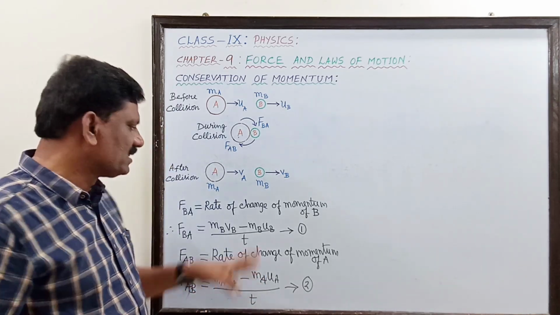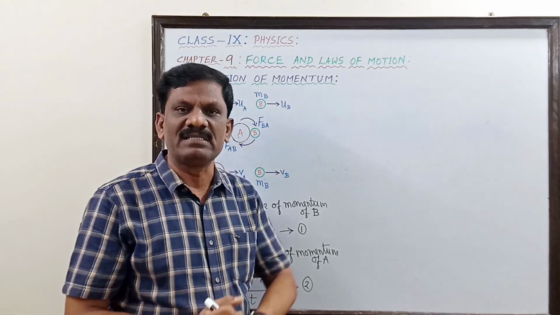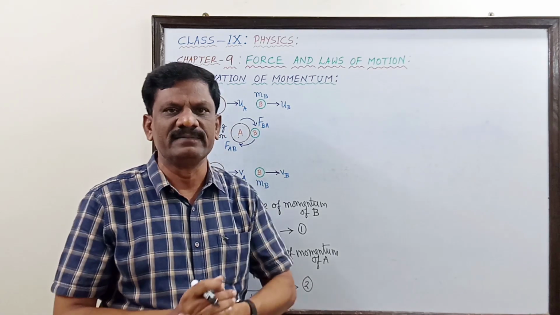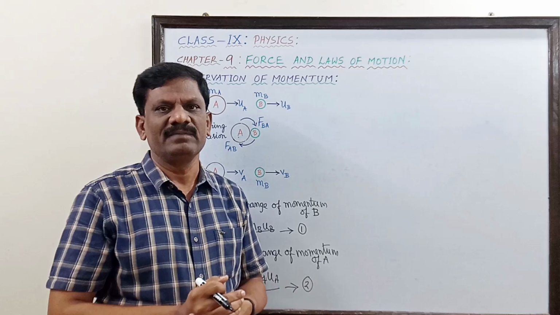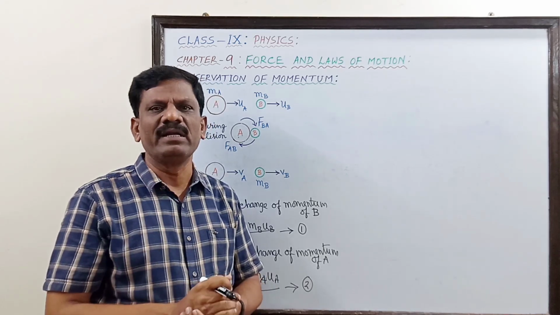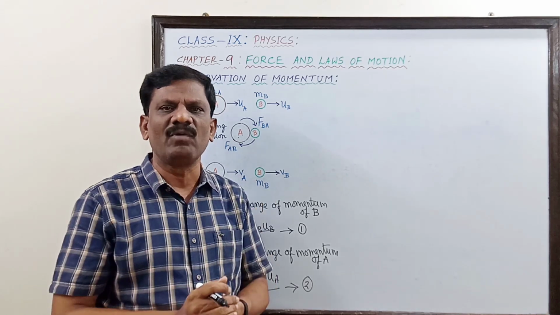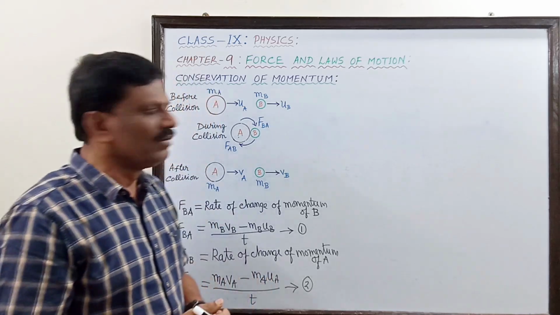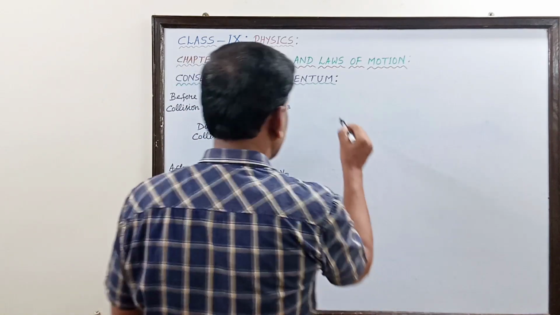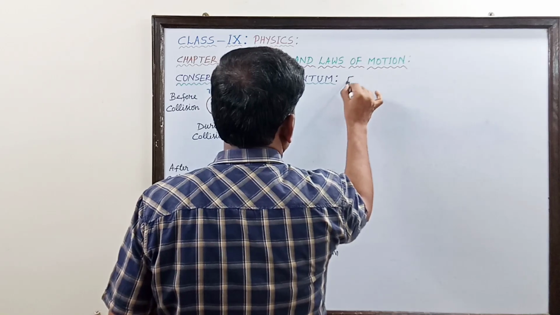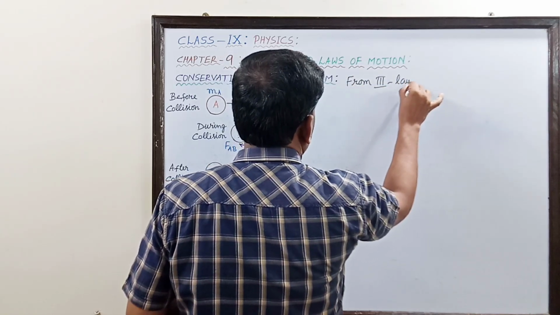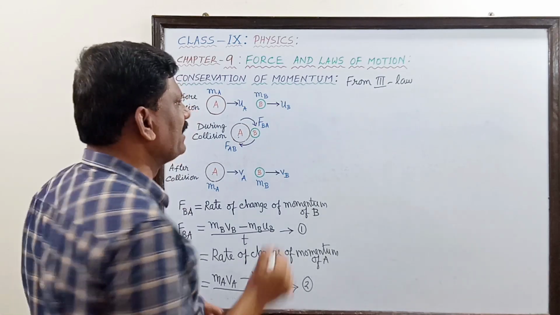Okay. So first two equations, have you all understood first? This is a consequence of which law of motion? Newton's second law. So according to Newton's second law only, the force, impressed force acting on a body is equal to the rate of change of its momentum. Okay, now let us apply Newton's third law. So from Newton's third law, action is equal to minus of reaction.